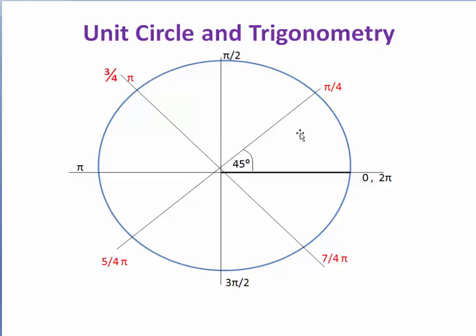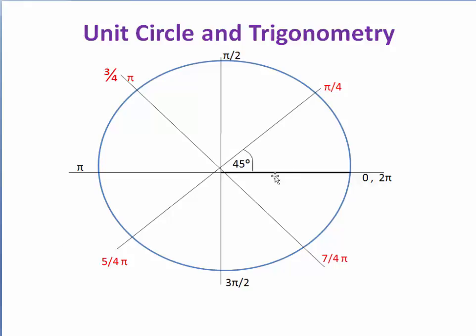So this is pi over 4, 2 pi over 4, which when we simplify becomes pi over 2, 3 pi over 4, 4 pi over 4, which when we simplify is pi, 5 pi over 4, 6 pi over 4, which simplified is 3 pi over 2, 7 pi over 4, and then back here 8 pi over 4, which is 2 pi. So just practice that, working in 45 degrees, and then where we have to simplify, so here, here, and here.